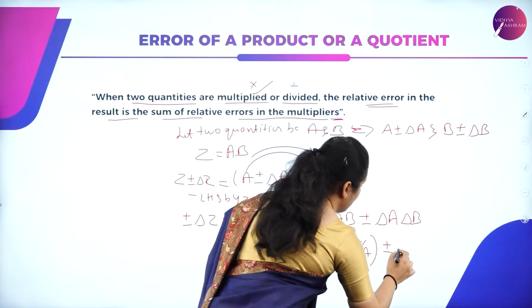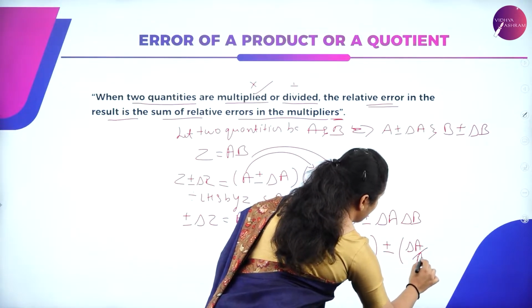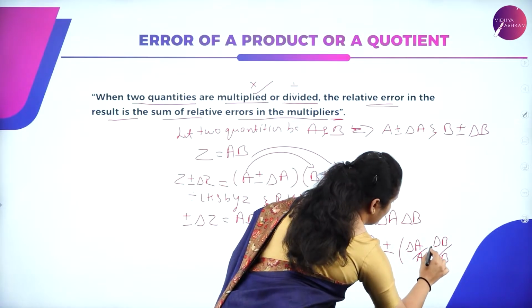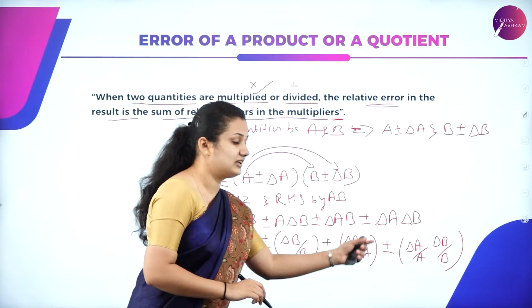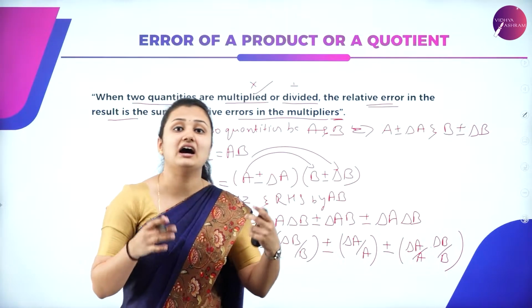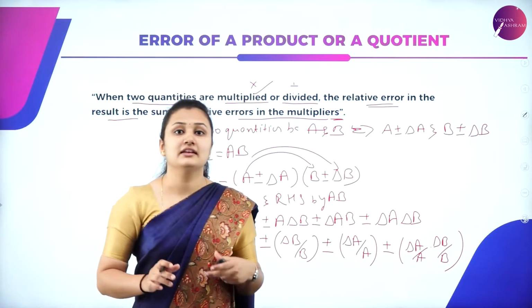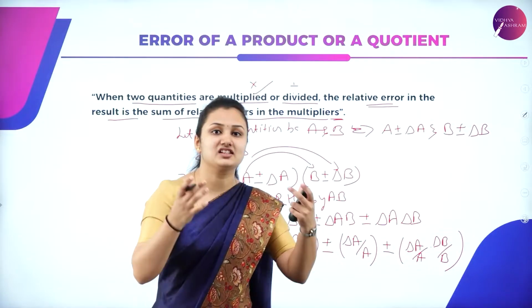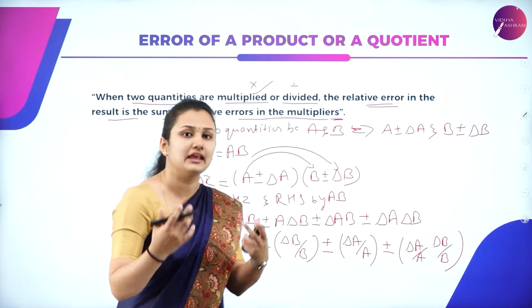This you can divide as delta A by A and delta B by B. Since delta A and delta B are small, the product of delta A and delta B is neglected.